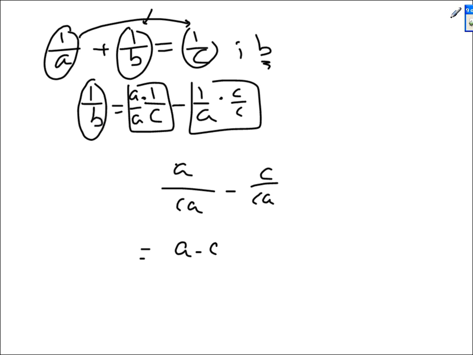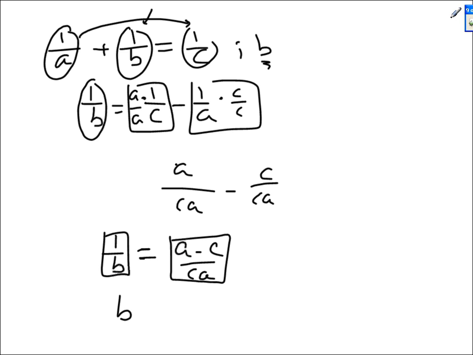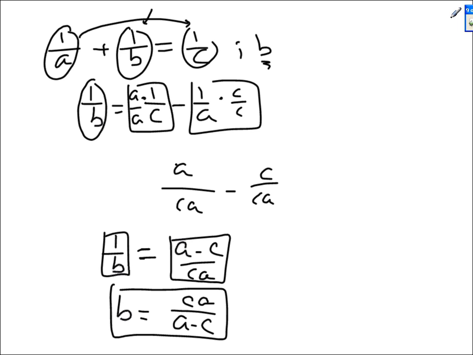That is, I have A minus C over CA equals 1 over B. One fraction equals one fraction. Reciprocals. CA over A minus C. And that's what B would equal.